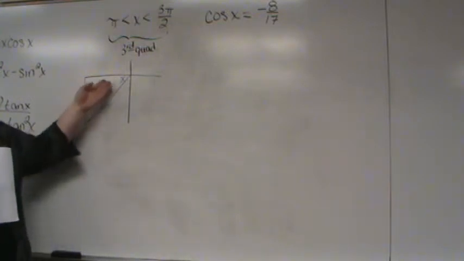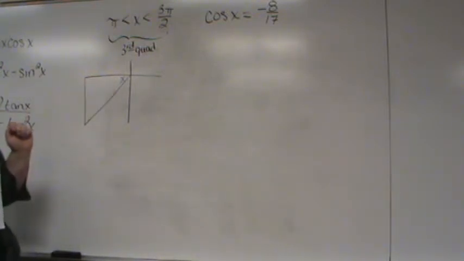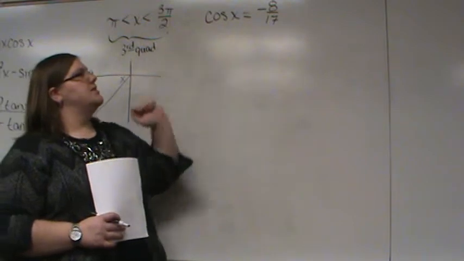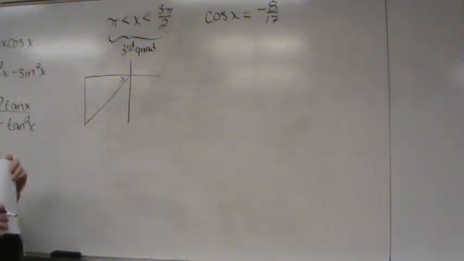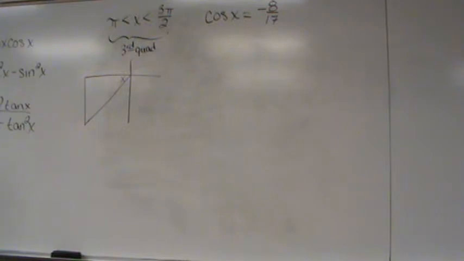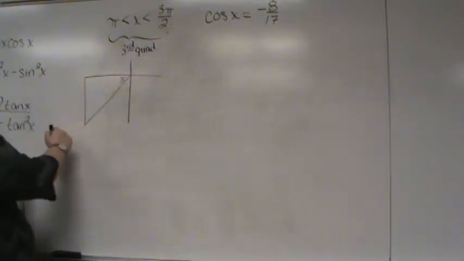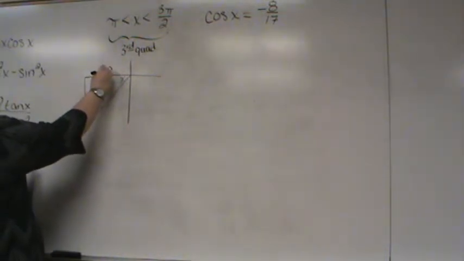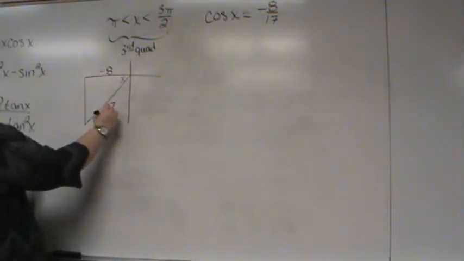So if we know we have an angle in the third quadrant, and we're given cosine x equals negative 8 over 17, what can we do with that negative 8 over 17? That represents adjacent over hypotenuse. So given our angle, we have our adjacent side and our hypotenuse.